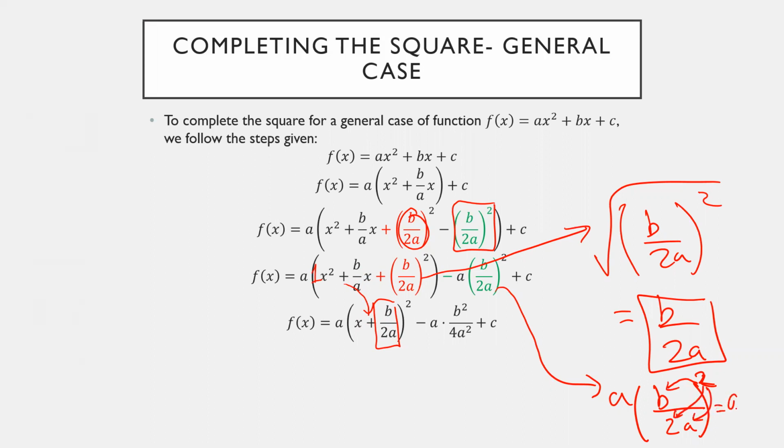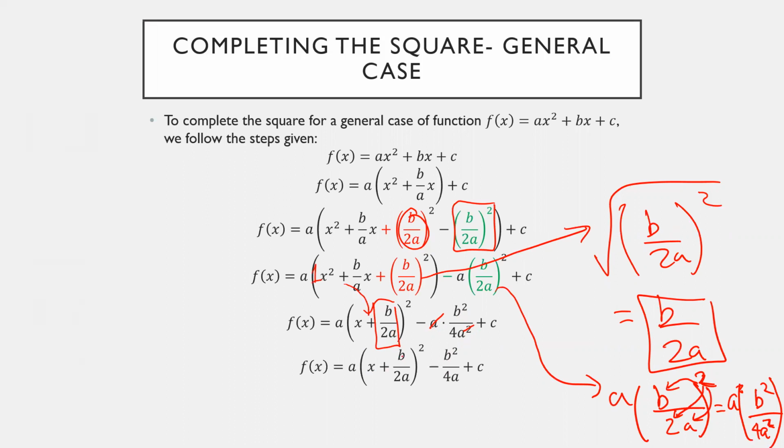So this ends up giving us a times b squared over 4a squared. And then in our next step, we notice that the a here will actually cancel out with one of the a's in the denominator here. So we end up with b squared over 4a, and it's negative there.